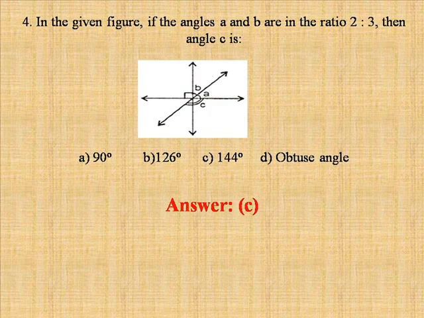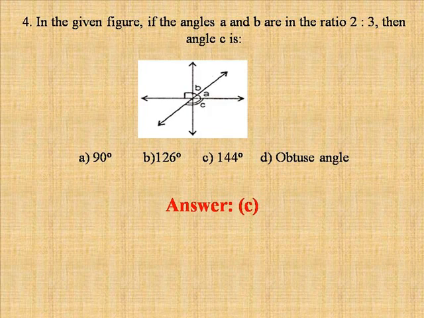You have A is to B as 2:3. So you can consider A and B as 2x and 3x, and A plus B is 90 degrees. So 2x plus 3x, that is 5x, equals 90 degrees. So x equals 18 degrees.